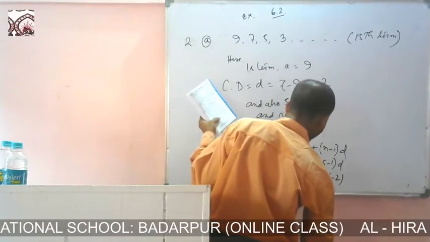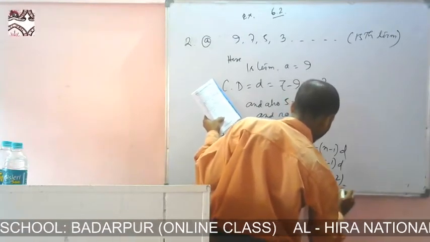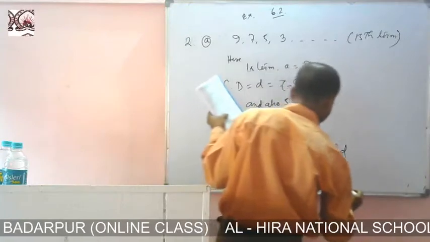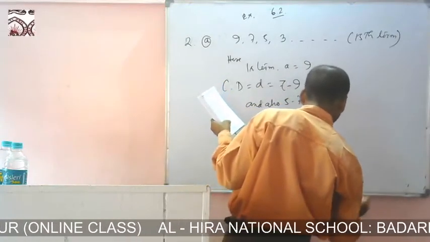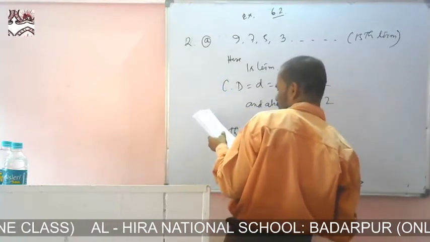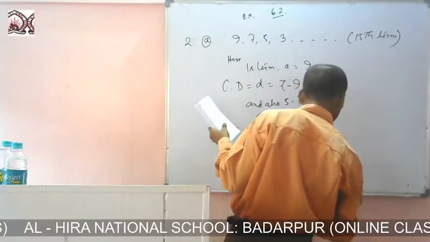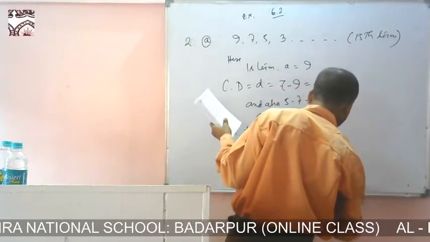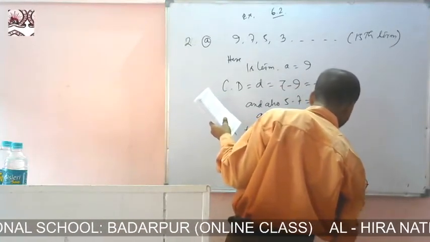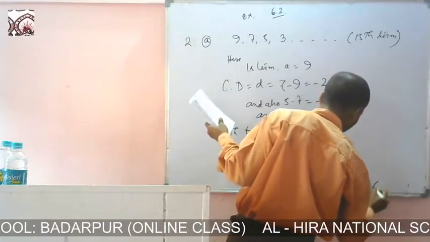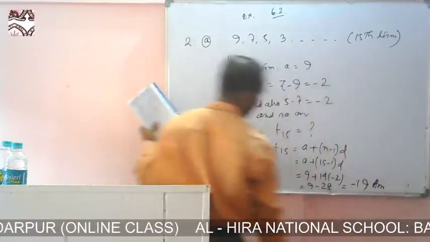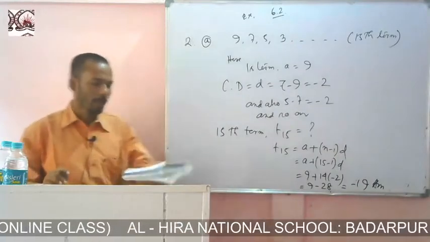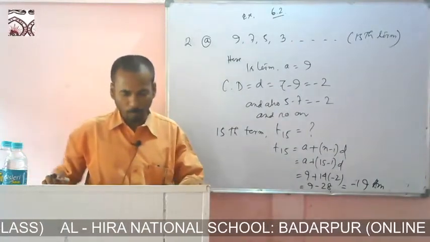So 9 minus 28, which is minus 19. So the answer is minus 19.